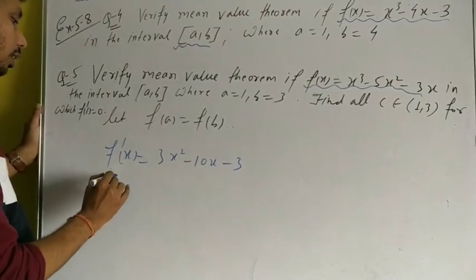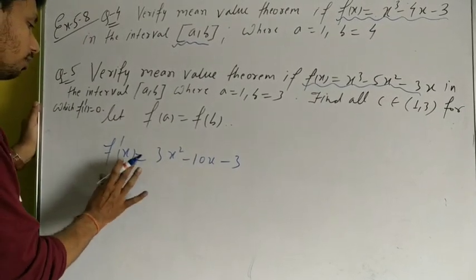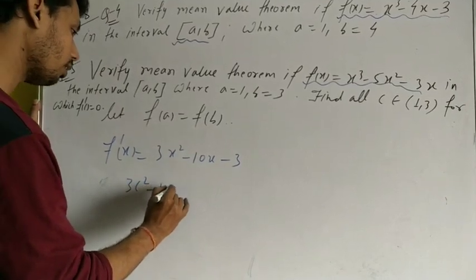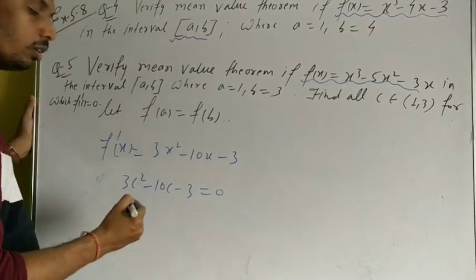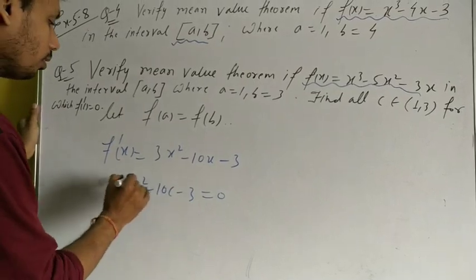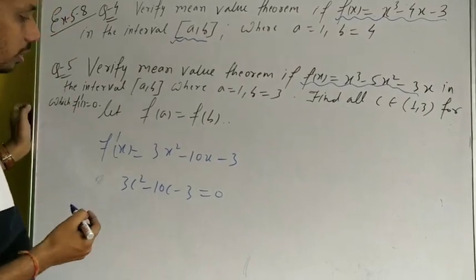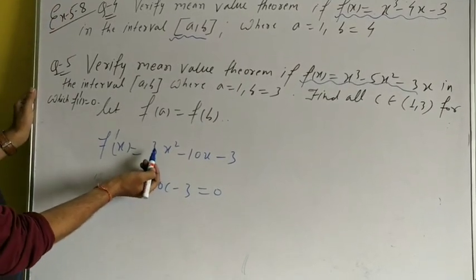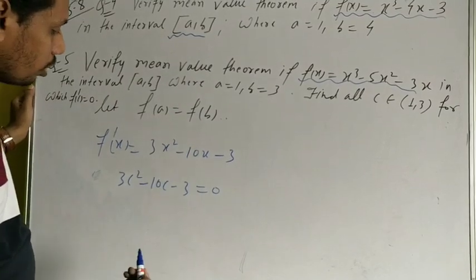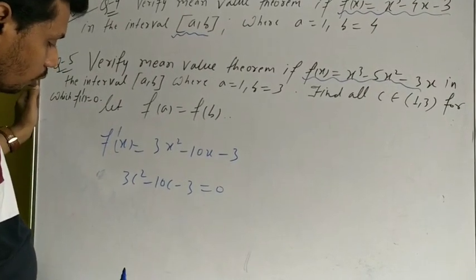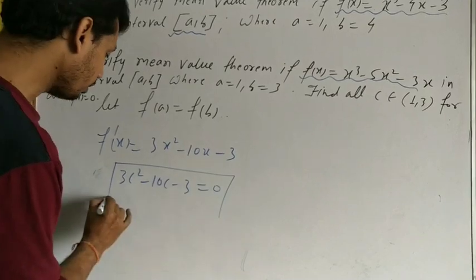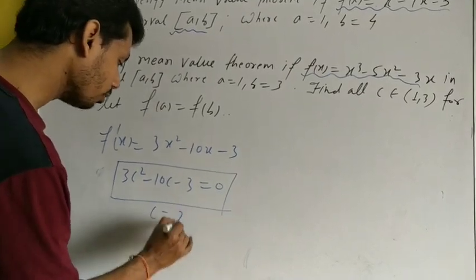Now f dash c is equals to 0, that is 3c square minus 10c minus 3 is equals to 0. This is a simple quadratic equation, so I think you can simplify and get the value of c.